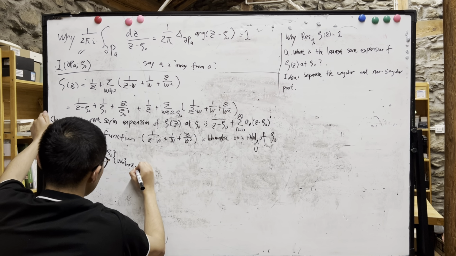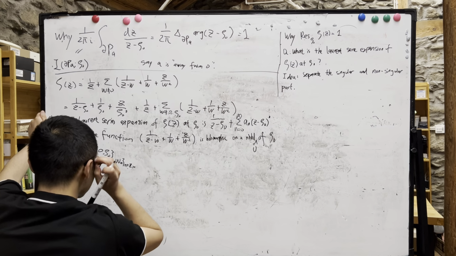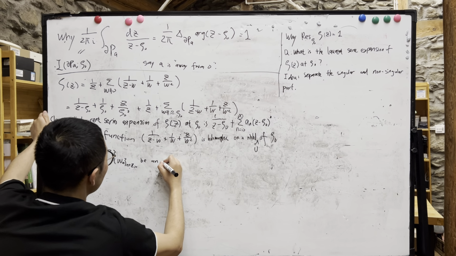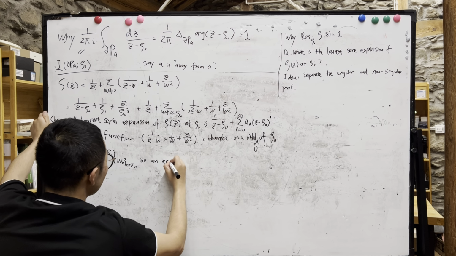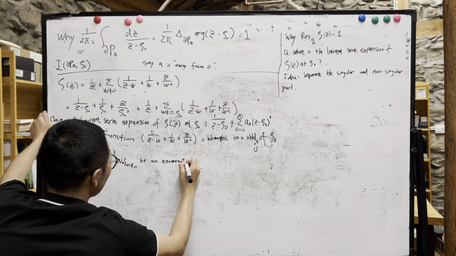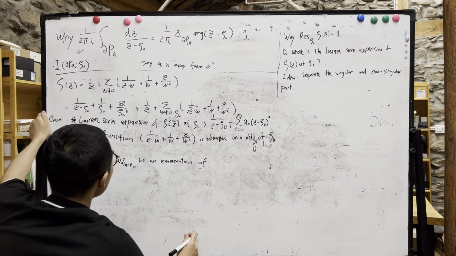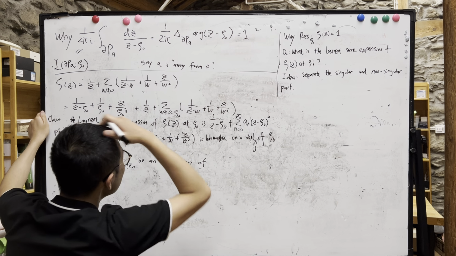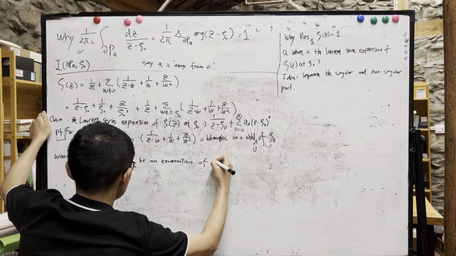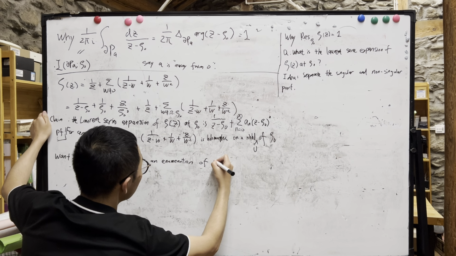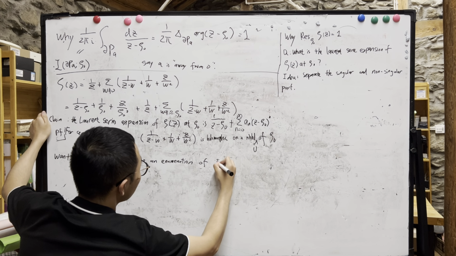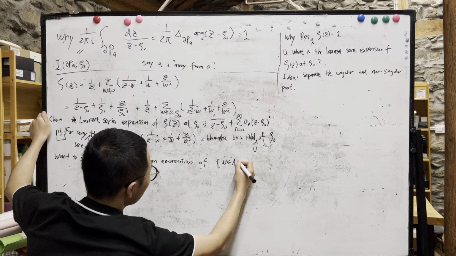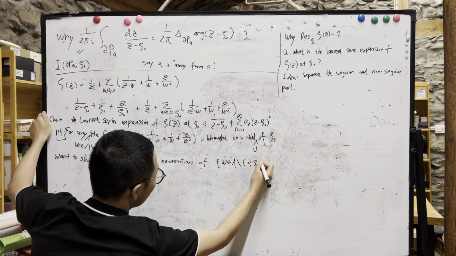Let omega n be an enumeration of all omega in the lattice minus 0 and zeta naught.